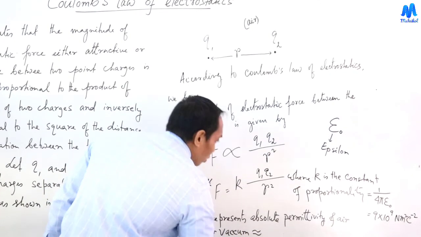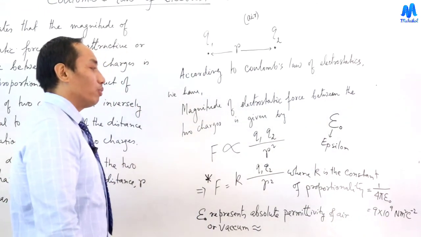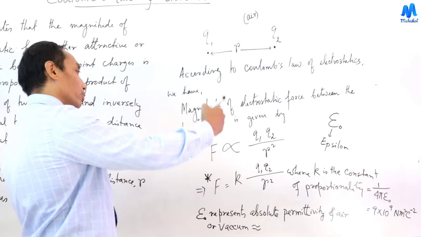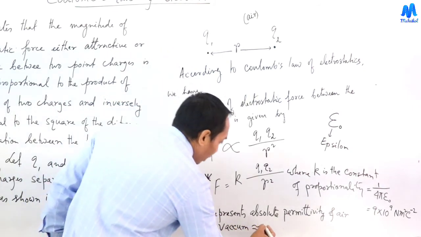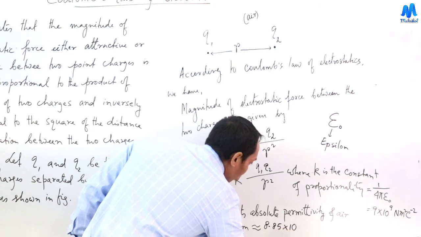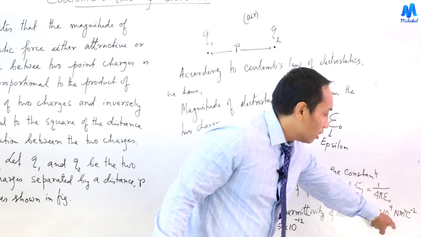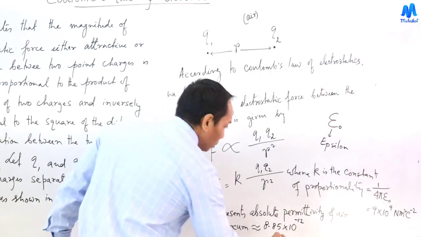Its value is approximately such that 1/4 pi epsilon naught is 9 into 10 power 9. So we can calculate the value of epsilon not as approximately 8.85 into 10 to the power minus 12, with the unit being the inverse, that is newton per meter square coulomb square.